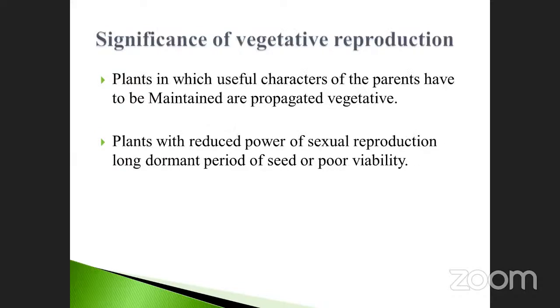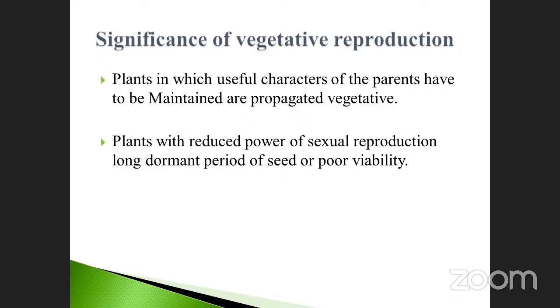See, what is the significance of vegetative reproduction? What is the main role of this one? Why are we doing these things? Two points are given here, but there are so many points. Plants in which useful characters of a parent have to be maintained are propagated vegetatively.